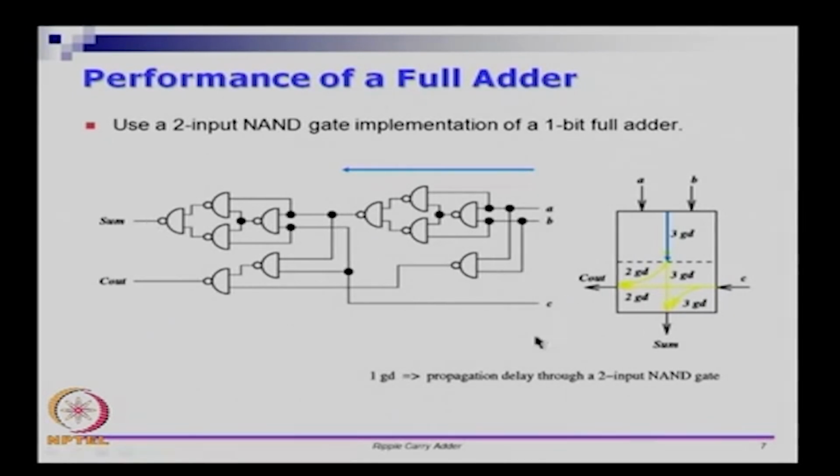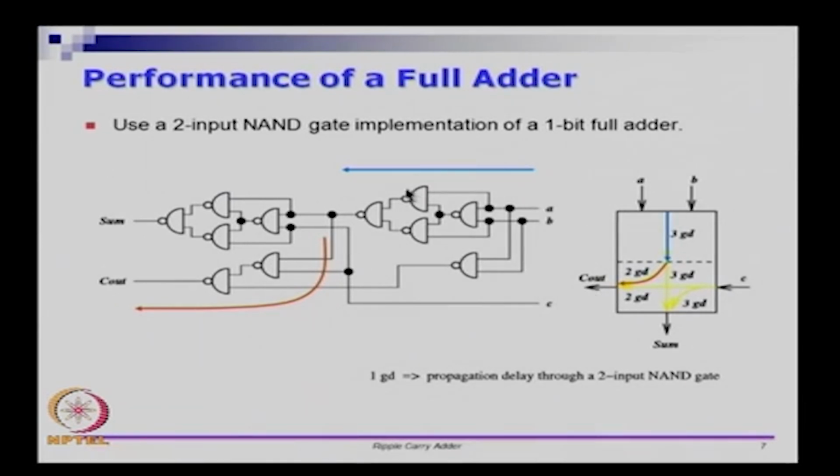Now, let us see the next path. If I look at this path from here, let us say the inputs settle down at some point here. Then the delay here goes through 1 plus 2 NAND gates. So, that is this path here. Starting from AB, to change C out you need 3 gate delays plus 2 gate delays, or 5 gate delays.